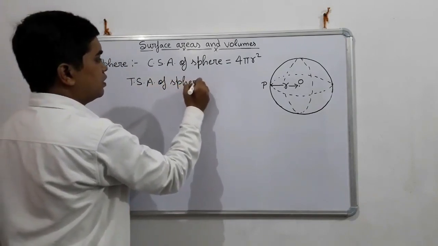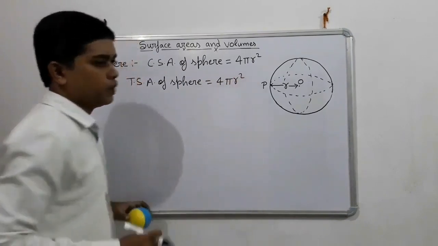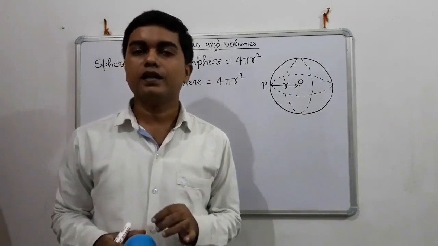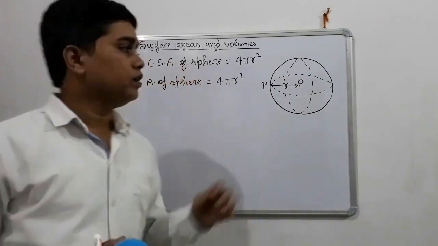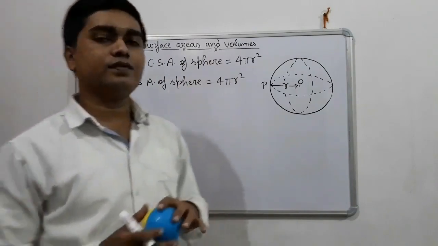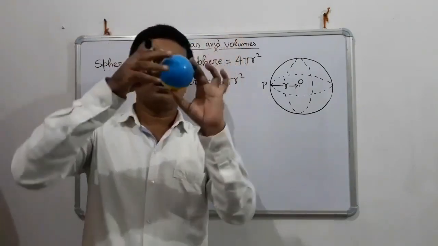Now TSA of sphere, it will also be 4 pi r square. Why? Because there is no base in sphere. TSA means total area of outer portion plus area of the base. But for the ball there is no base.